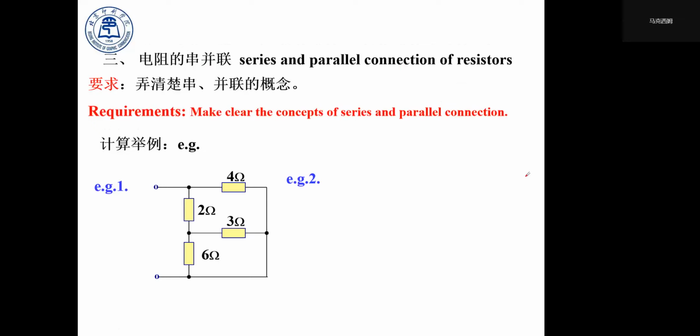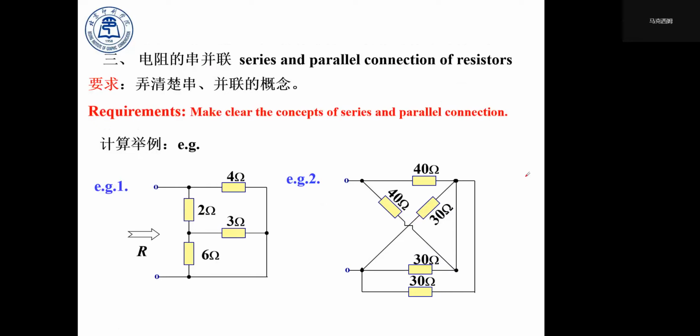For example, if we have this kind of network connection of resistors, we can simplify it into an equivalent resistance, into one resistance. And if we have another example like this, how can we calculate its equivalent resistance, REQ?